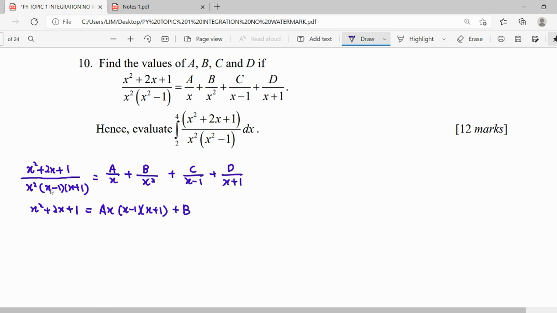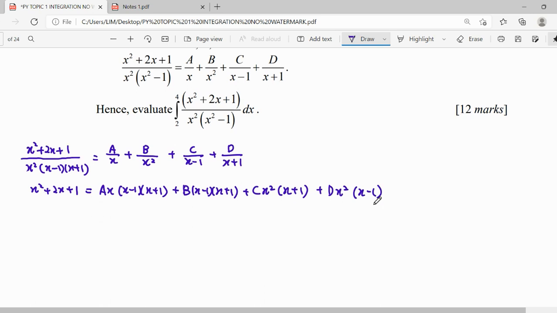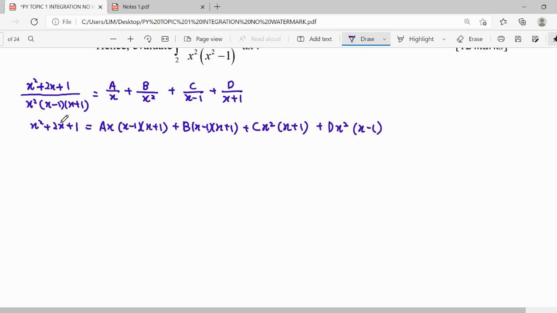For b, this constant b already has x squared, so it doesn't have x minus 1, x plus 1. For c, it already has x minus 1, so it doesn't have x squared and x plus 1. For d, it doesn't have x squared and x minus 1. So we complete our equation here.